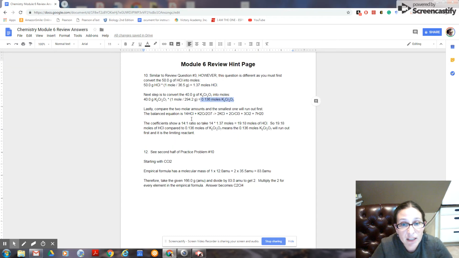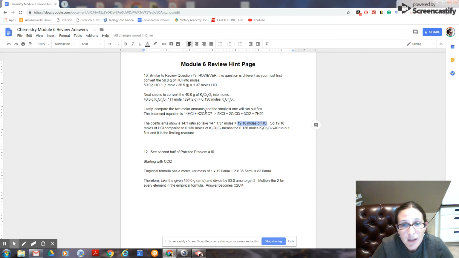And then finally, you look at the balanced chemical equation, and you need to figure out how the coefficients compare between the HCl and the K2Cr2O7. And you'll see it's a 14:1 ratio. So we're going to take that 14 in front of the HCl and multiply it times the number of moles that we got from up here, and that gives us 19.18 moles of HCl.